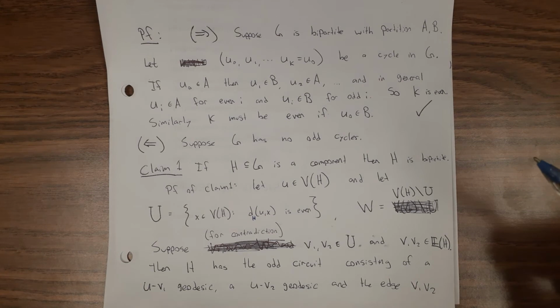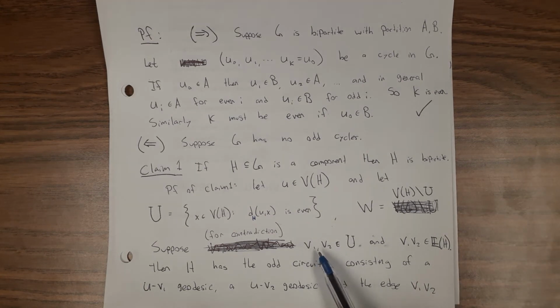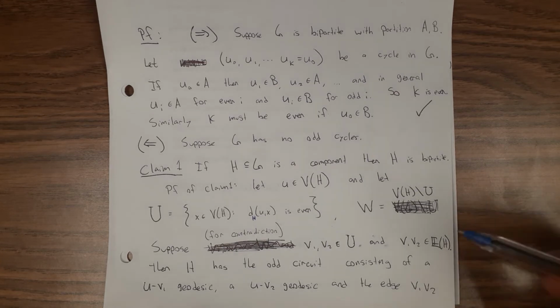What do I have to do to show that? I just have to show that there's no edge with both ends in U, and then I have to show that there's no edge with both ends in W. That's all I have to do.